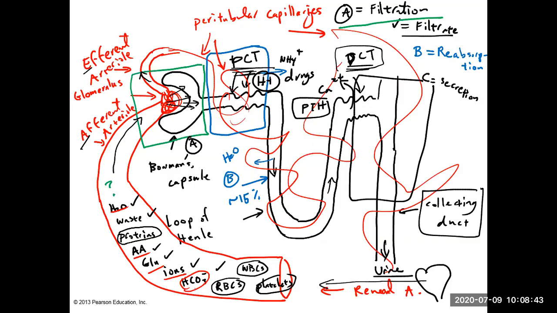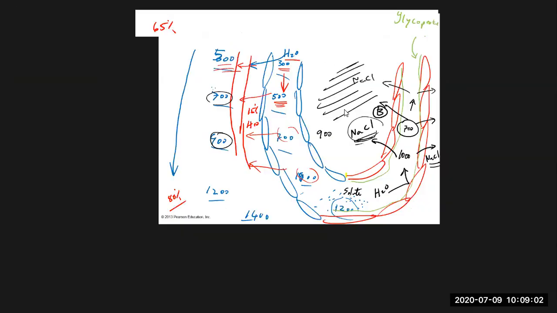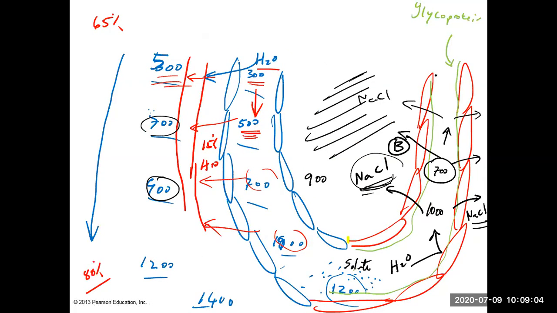The parathyroid hormone helps these channels, and you are absorbing the calcium. Now let's go to the DCT and collecting duct. For now, I'm just going to put this here, remember we are here. Now we can take a look at the distal convoluted tubule and the collecting duct.